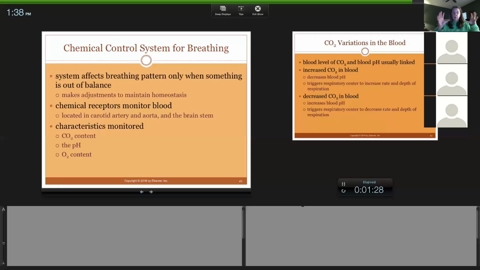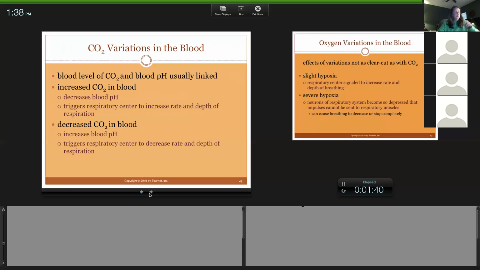So if I ask you, what do chemical receptors monitor in the blood for the respiratory system? Oxygen, carbon dioxide, and pH. Those 3 values. CO2 probably influences it the most. Carbon dioxide levels are linked to pH. So I'm going to write down the normals that you need to know.